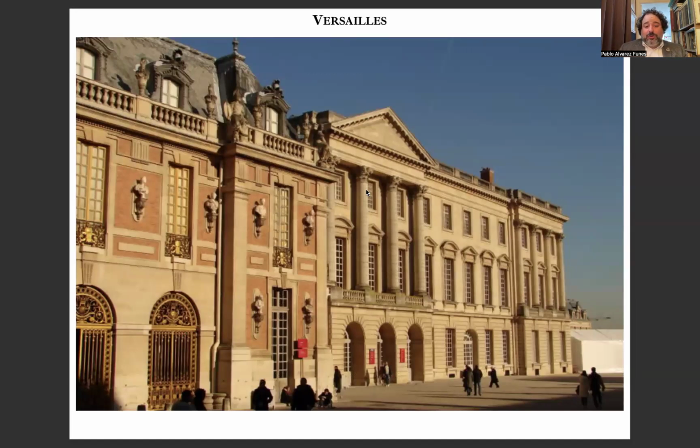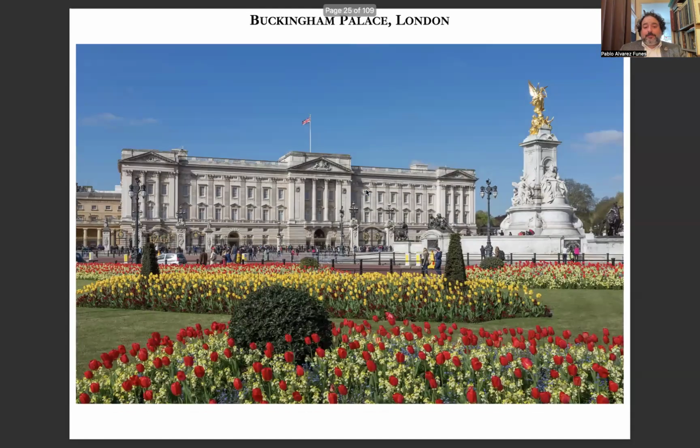Because what you need to bear in mind is that in France, the Baroque architecture was what would later be known as neoclassical. The Baroque was very academic in all senses, as opposed to much more creative, as you could see in Italy or Spain.